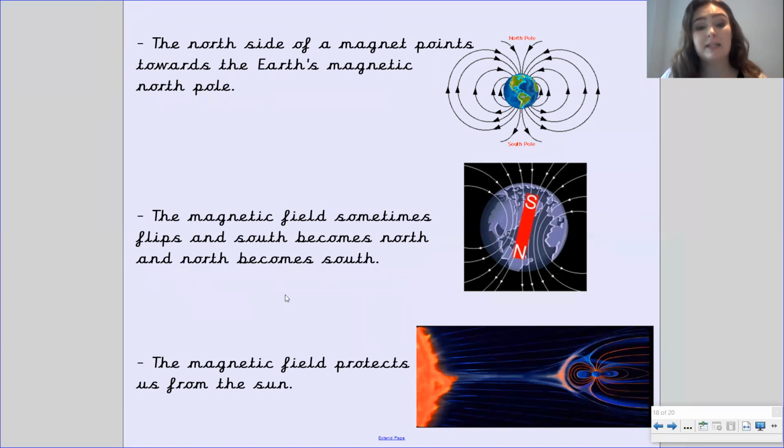The magnetic field sometimes flips and south becomes north and then north becomes south. And this magnetic field protects us from the sun. And you can see that happening in this picture here. I just want you to take a couple of moments just to have a look at each of these diagrams here and take in the information that you have just been shared with.